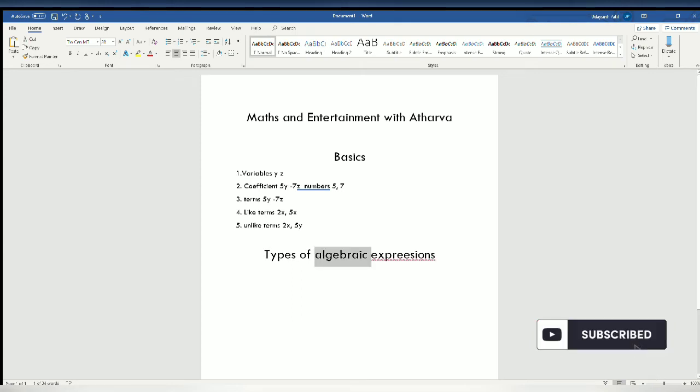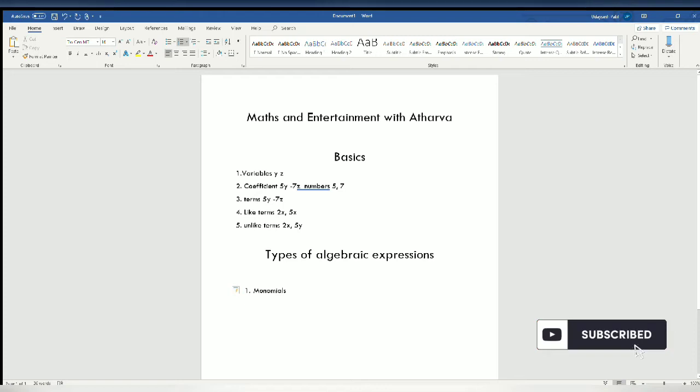Now there are four types of algebraic expressions. The first one is monomial. These are usually only one term.